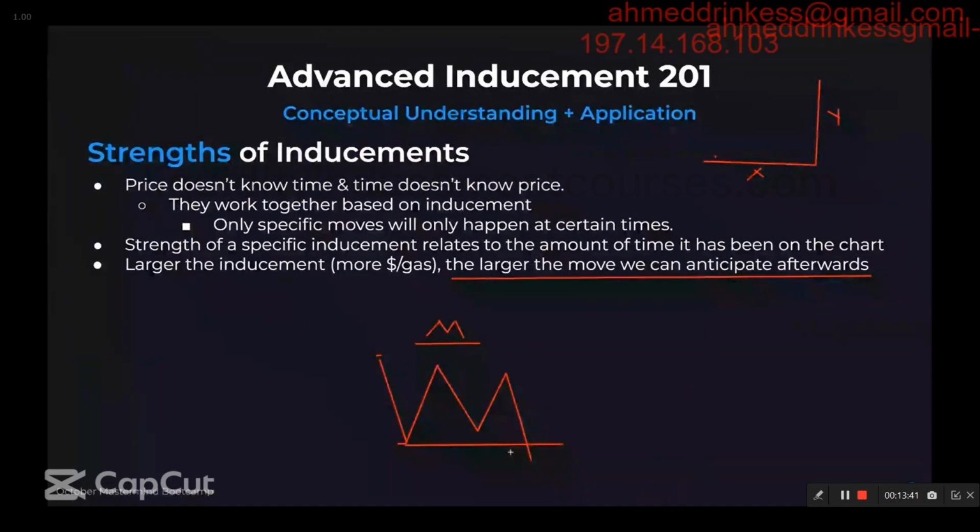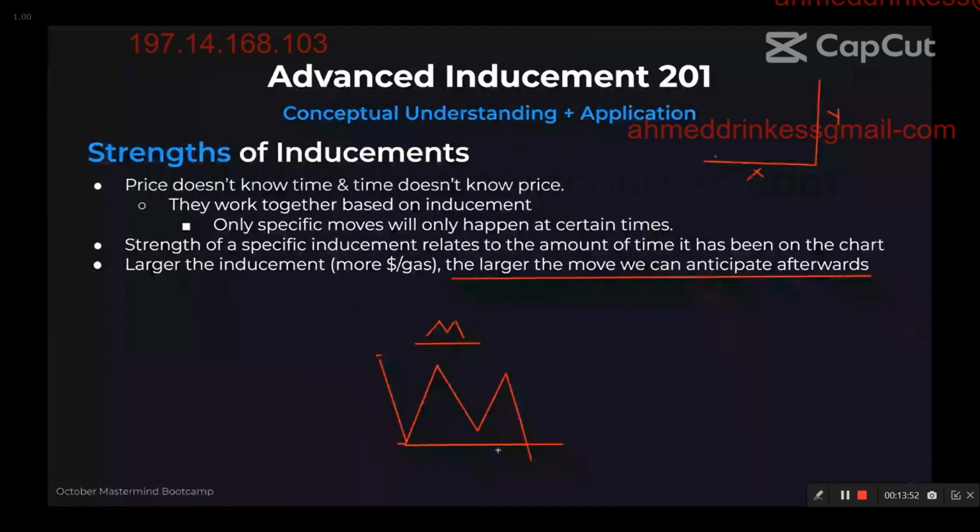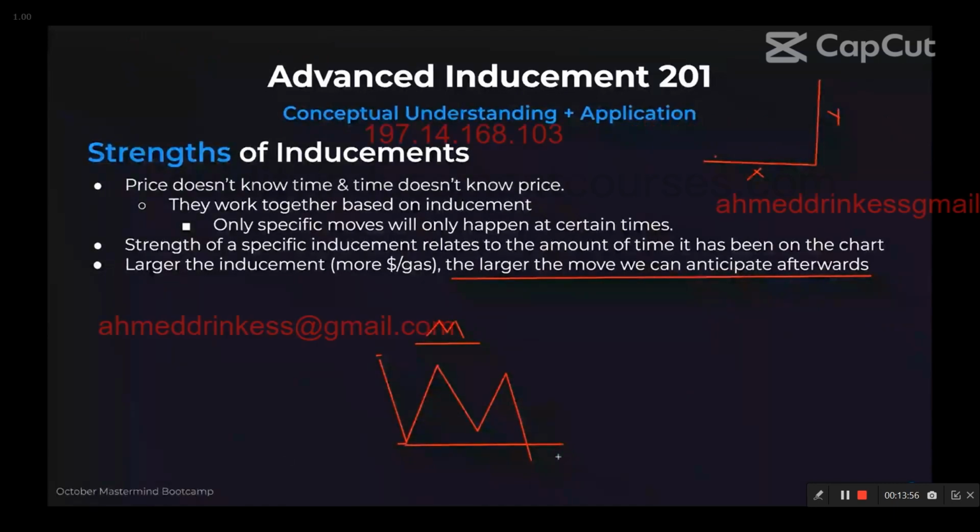Once GU breaks this level, I'm going to be putting my life savings in there, whatever. Some people are crazy, right? That's what they're thinking. So we need to know that no matter what type of inducement it is, the larger it is on the larger time frame it's actually there, and the longer it's spent on the charts, the larger the move.